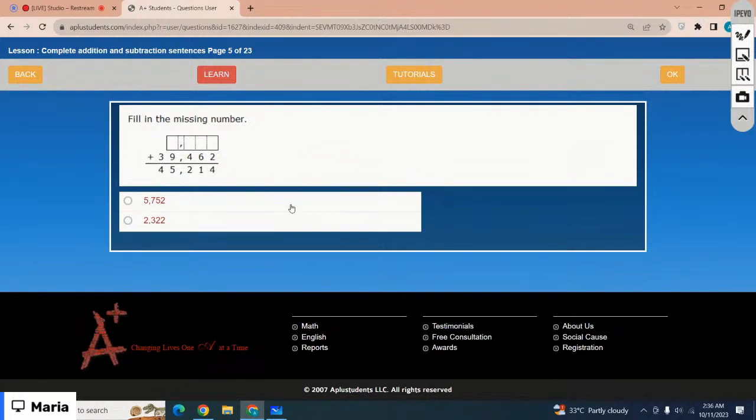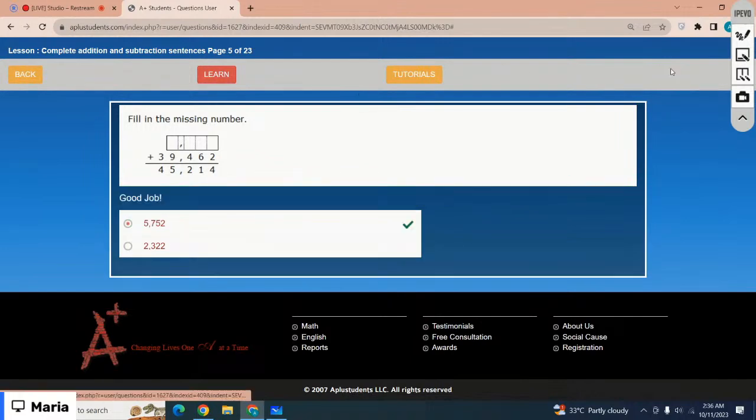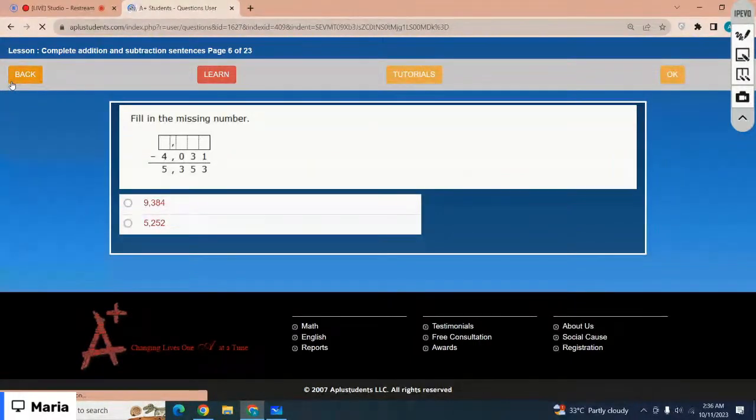Which is the correct option? Very good. That would be option number A, right? Okay, you can complete the lesson by yourself later today. Let's just move on to next lesson.